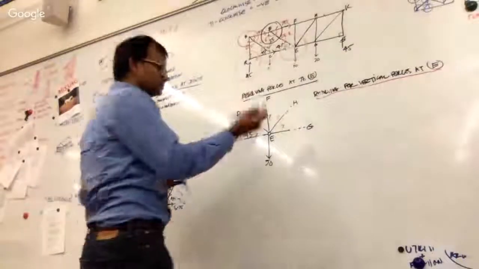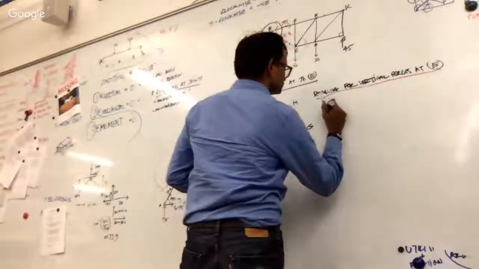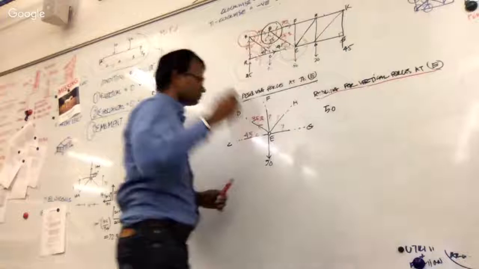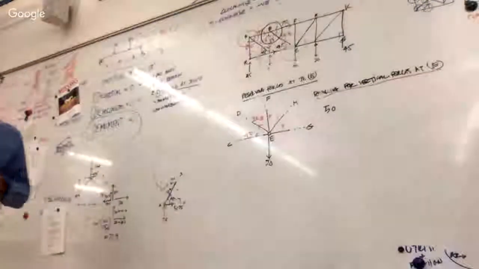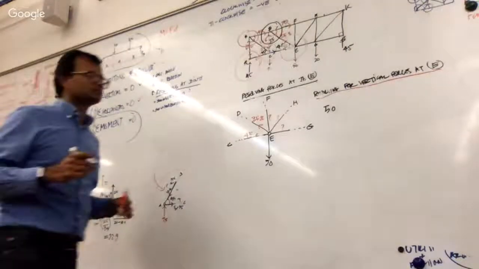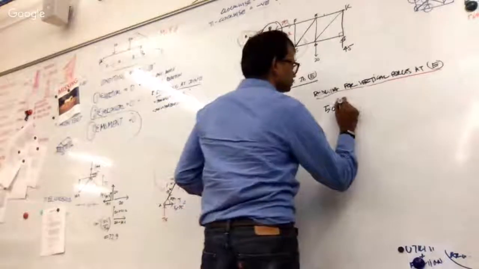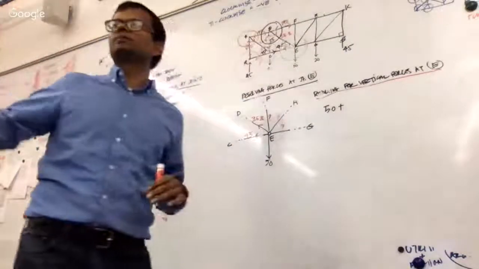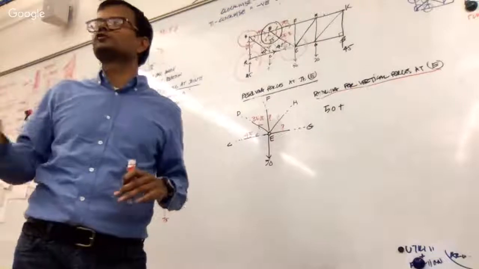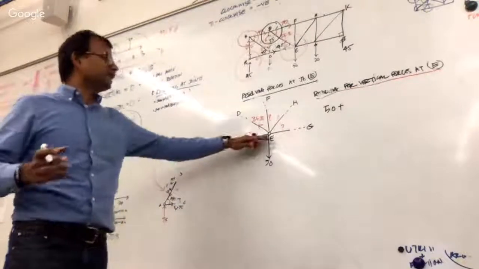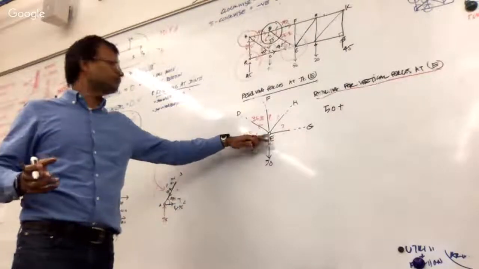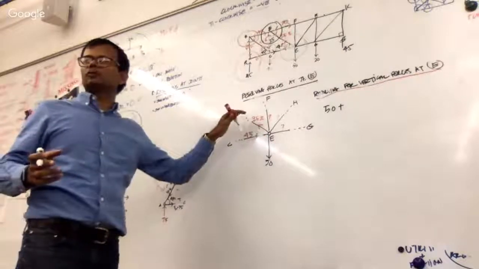Okay, 50. I'm going to do it in an even simpler way so that we list all the forces. Does CE have a vertical component? Nope. Does DE have a vertical component? Yes.